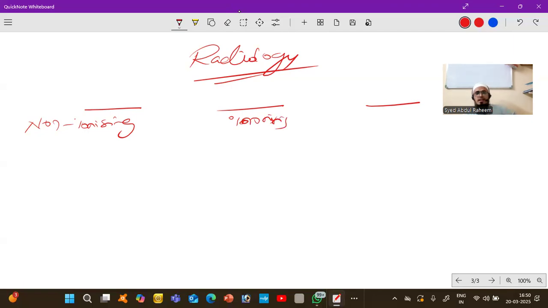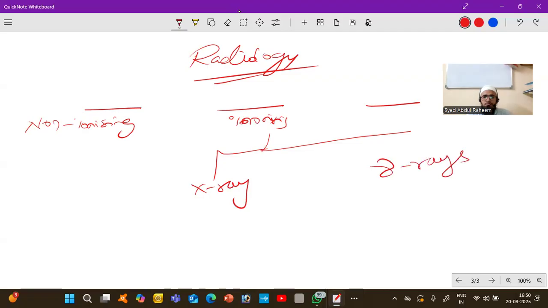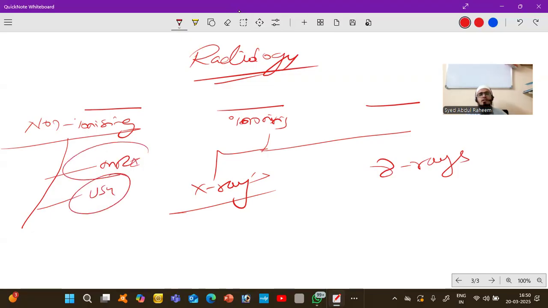In the ionizing, again, you have two departments: X-rays and gamma rays. In the non-ionizing, we have only two scans, MRI and USG, so they are mostly harmless to the fetus and pregnant ladies.